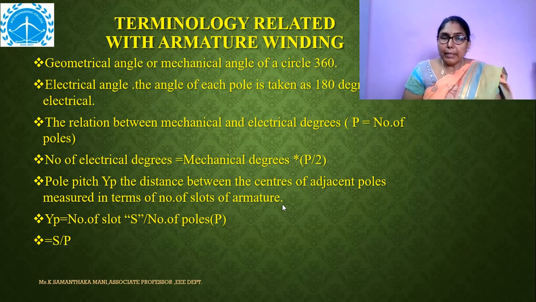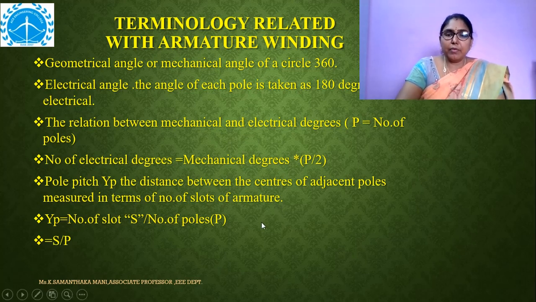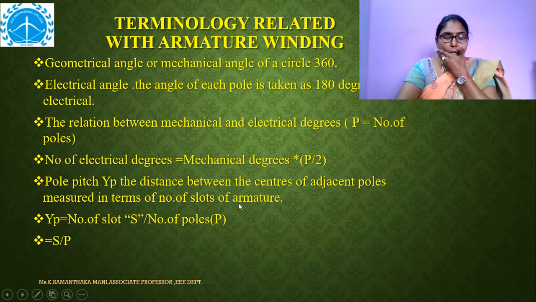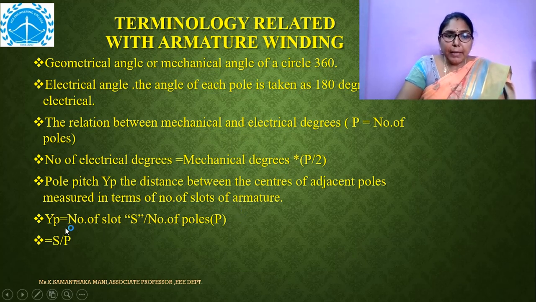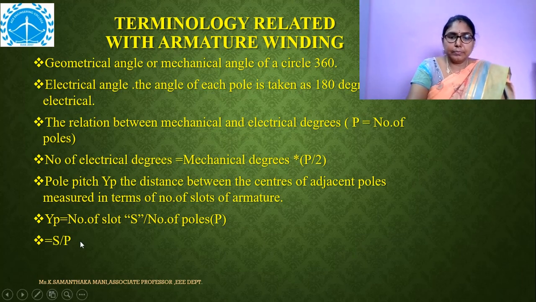So this pole pitch is measured in terms of the number of slots between the centers of the adjacent poles. YP is nothing but pole pitch. It is given by number of slots by number of poles. Number of slots is represented by S and number of poles by P, already known to you. So YP equals S by P.